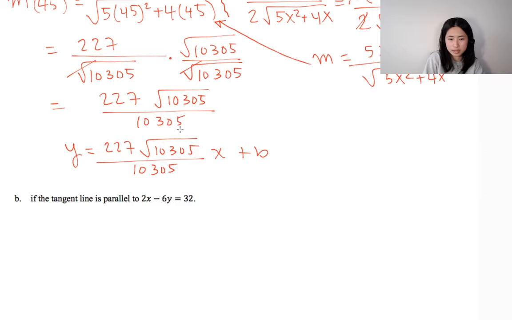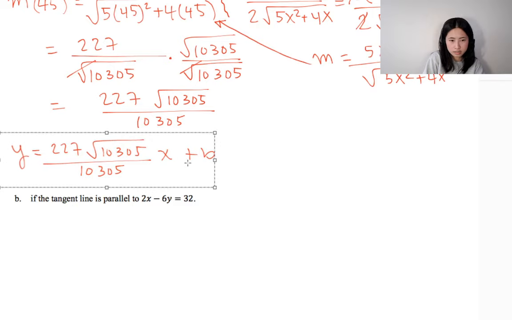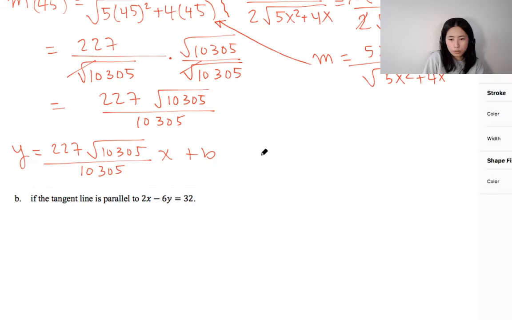Maybe I can move this a little bit. Okay. So again, we're just using this, right? We're saying that this is the root of 10,305, and then we're saying this x is 45. And then we're solving for b, right? So when you have that, we're going to say this is the root of 10,305.